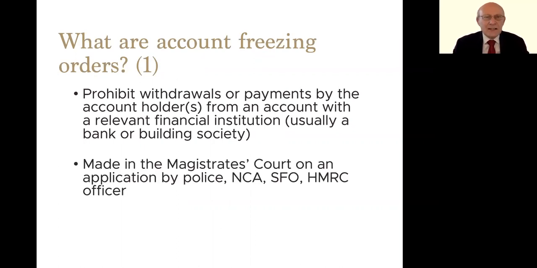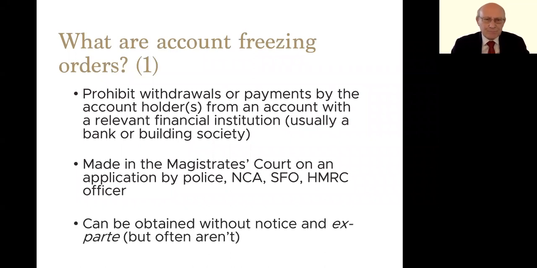The account freezing order is made in the magistrate's court on an application by the police or the National Crime Agency or the Serious Fraud Office or HM Revenue and Customs, by an officer from one of those bodies or an accredited financial investigator. An account freezing order can be obtained without notice, can be obtained ex parte, but often they're not.